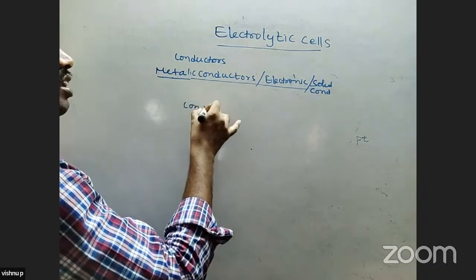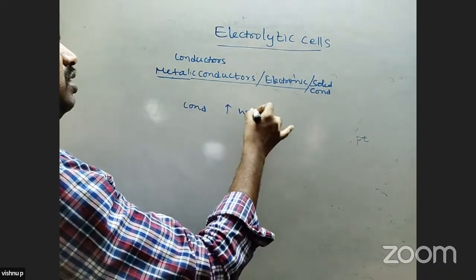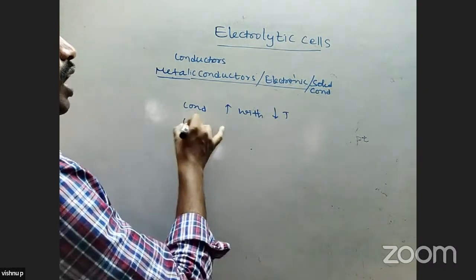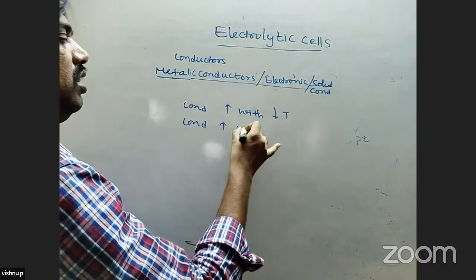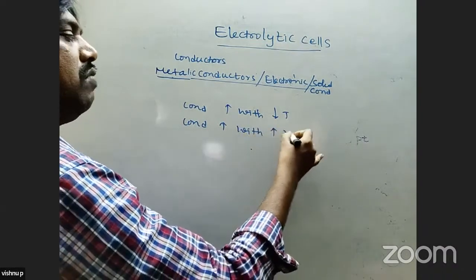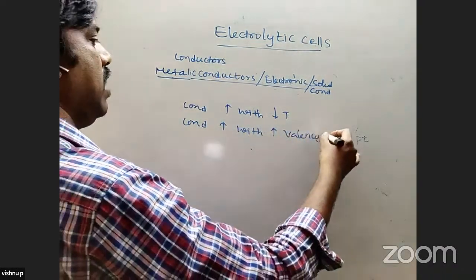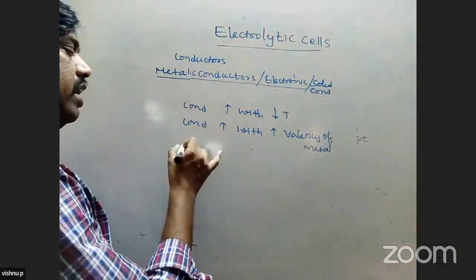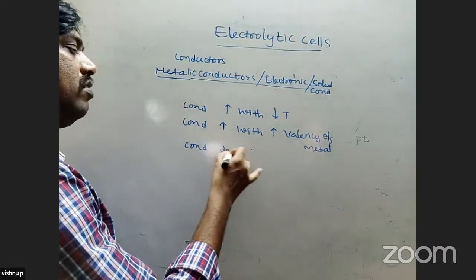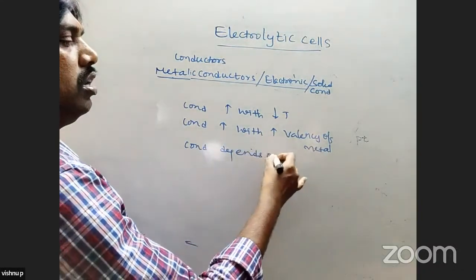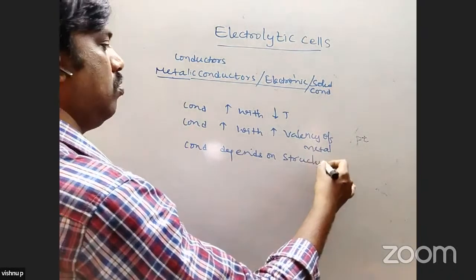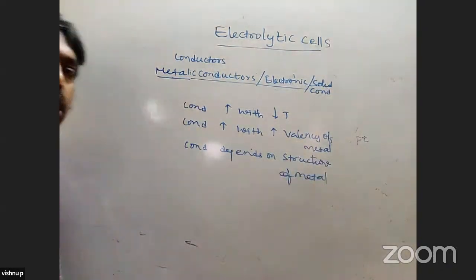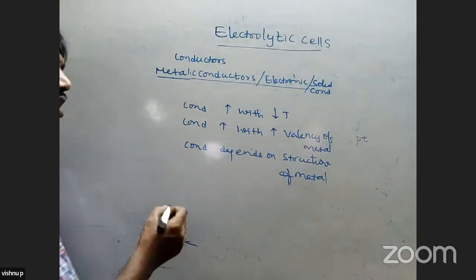In this case, conductivity increases with decrease in temperature, and increases with increase in valency of the metal or valence electrons of the metal, and it also depends on the structure of the metal. If the metal structure contains sharp edges, conductivity is more.